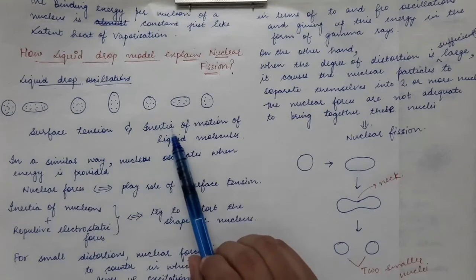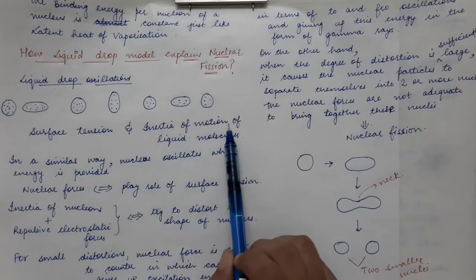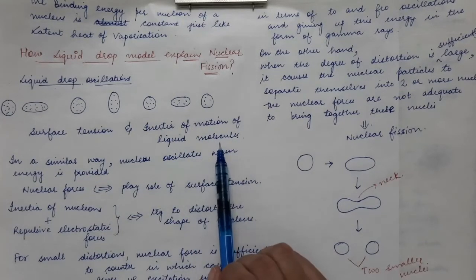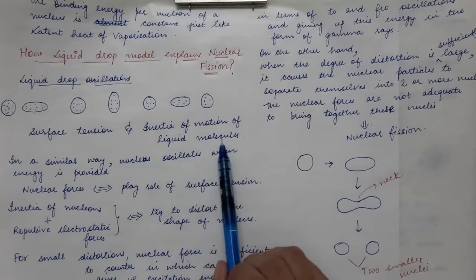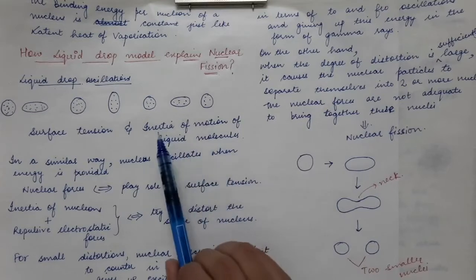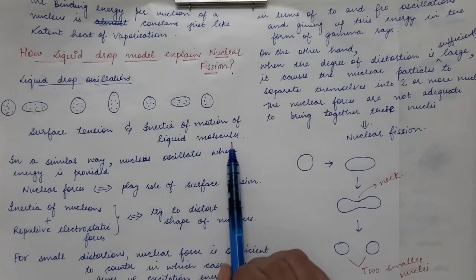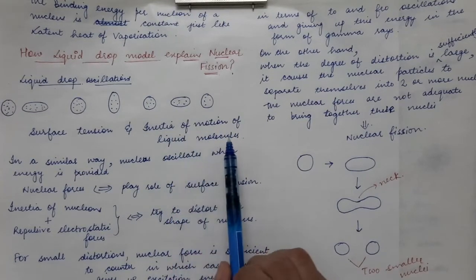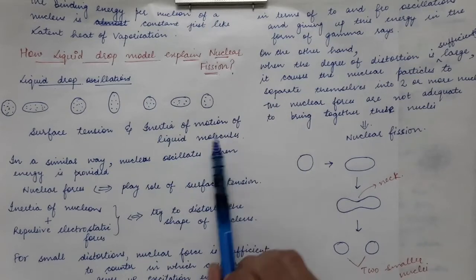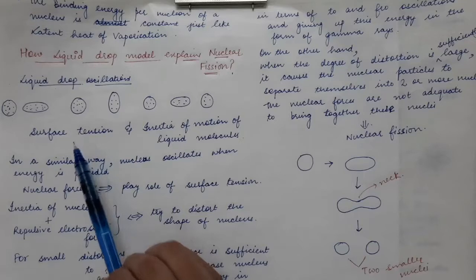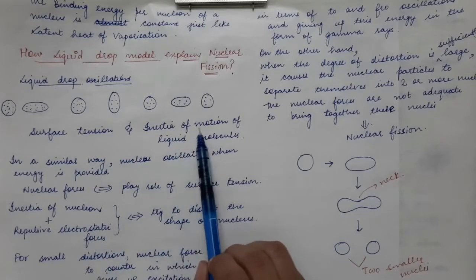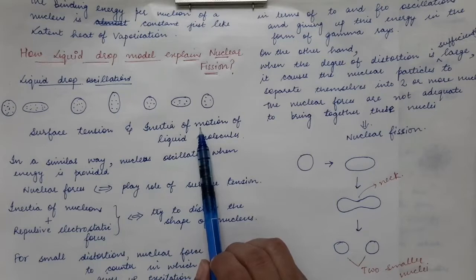Whereas the inertia of motion of the liquid molecules will try to distort the shape of the liquid drop. So surface tension tries to maintain the spherical shape, and the inertia tries to distort the spherical shape of the liquid drop.